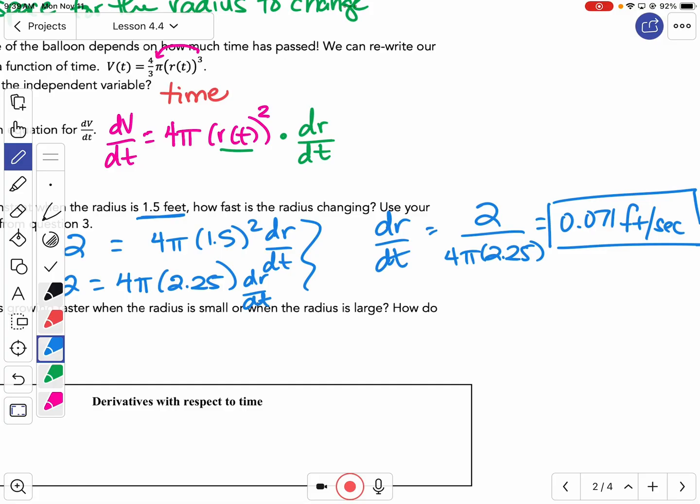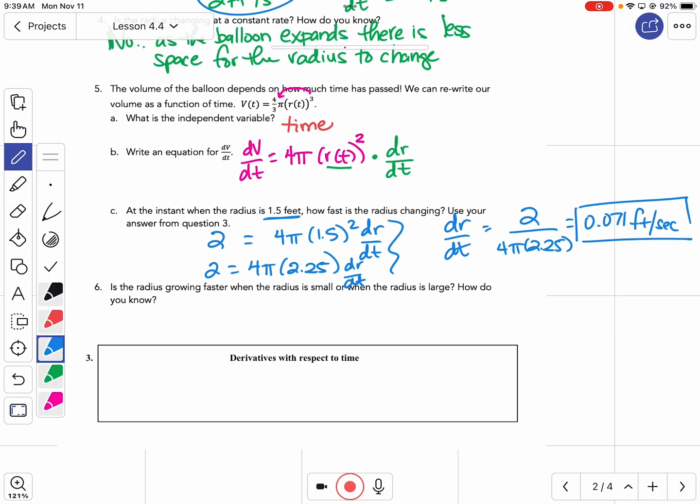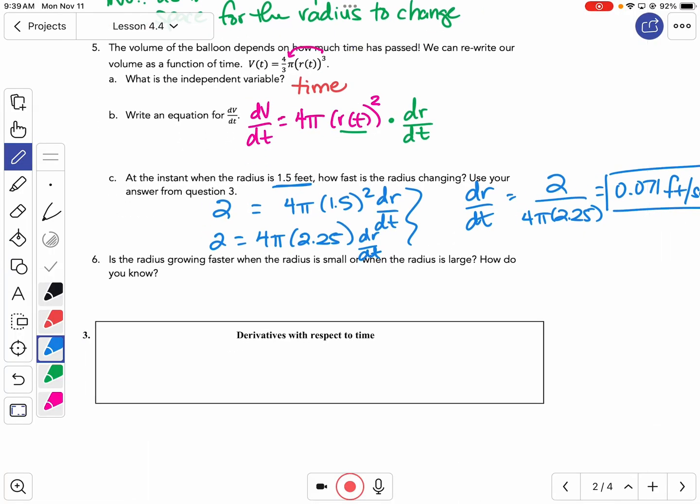So now the last question, is the radius growing faster when the radius is small or when the radius is large? Think about the balloon itself. It'd have to grow faster when it's small, in the beginning, because as the radius of my balloon gets larger, I have less and less room for it to change.